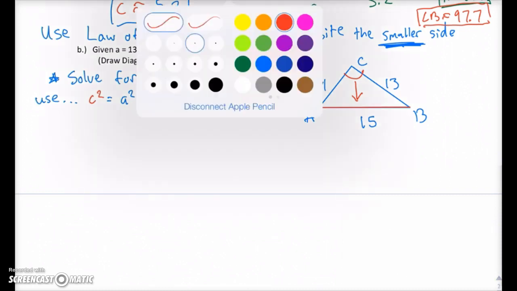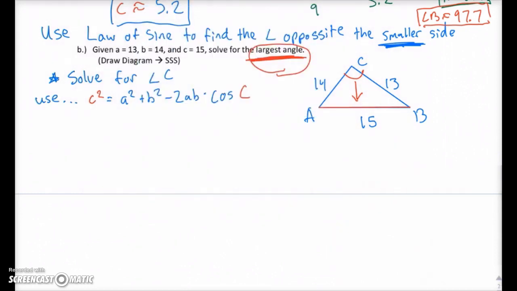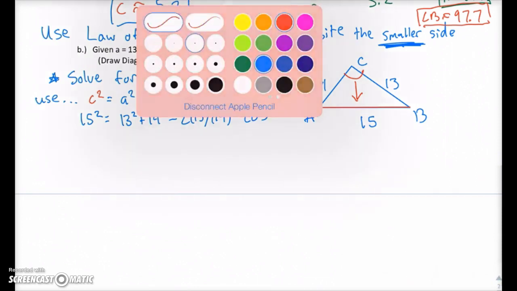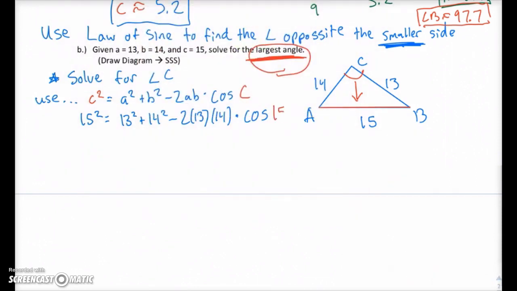So right now, let's just plug in all the values that we know. Our C is 15, so 15 squared equals 13 squared plus 14 squared minus 2 times 13 times 14 times cosine of C. Oh no, sorry, cosine of C, we don't know what that is.